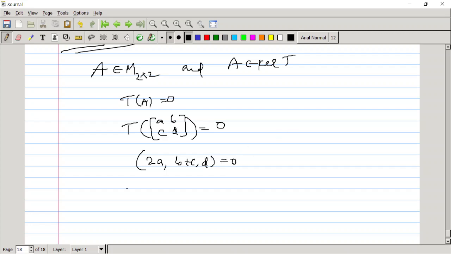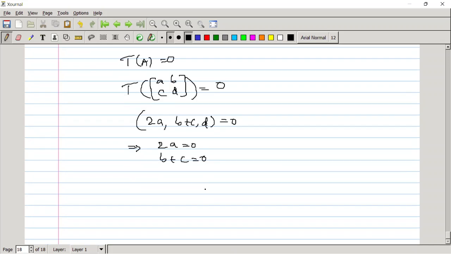So from this we can say 2a equal to 0, b plus c equal to 0 and d is also equal to 0. So from this we can say a equal to 0, b equal to minus c and d equal to 0.